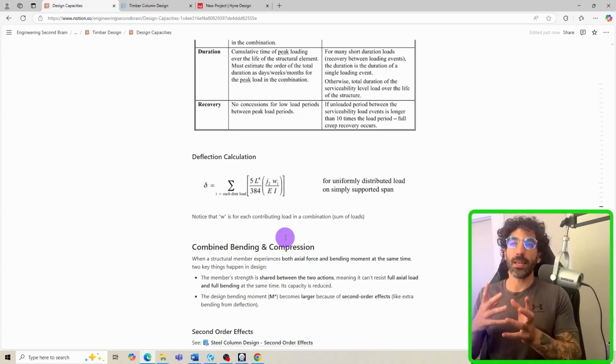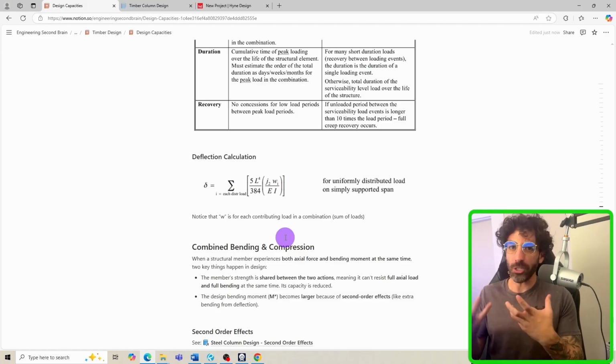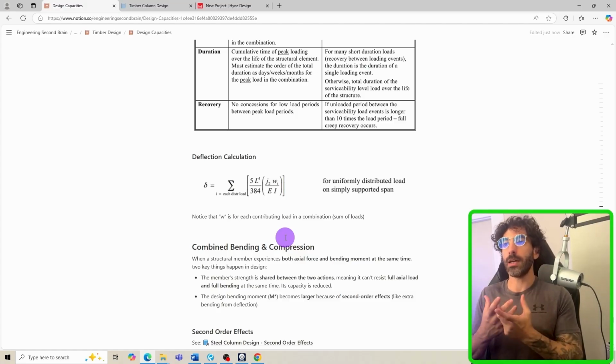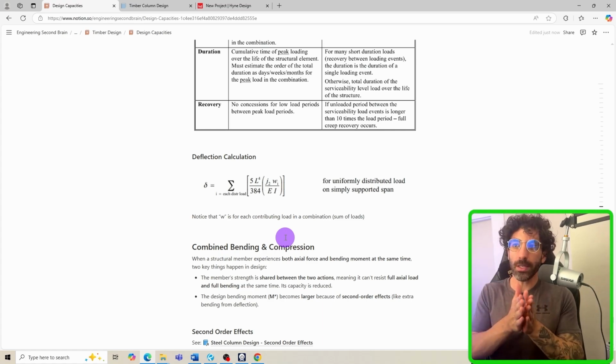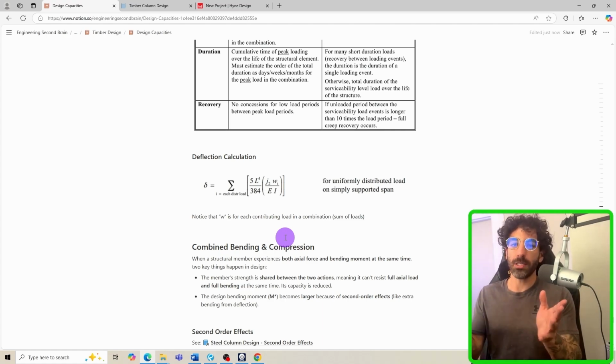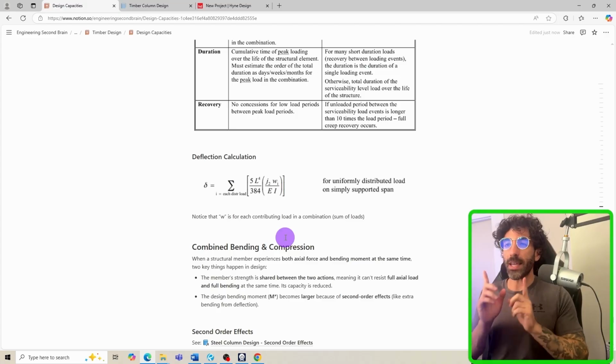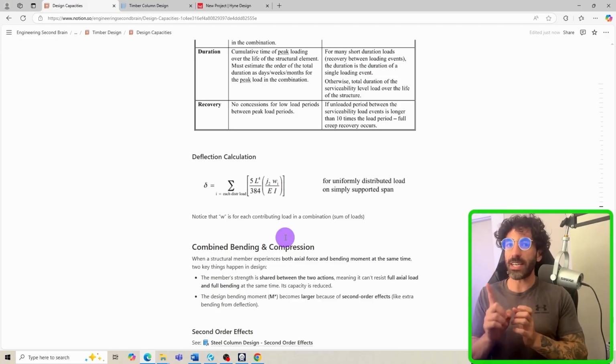So now you understand that the creep deflection, the long-term deflection of timber, is dependent on the moisture content of that timber, and also for how long that load is applied to the timber. So if you can recall from our first lesson, we studied the K1 duration of load factor.